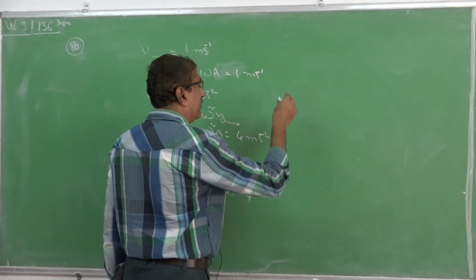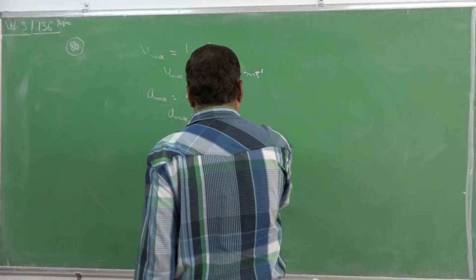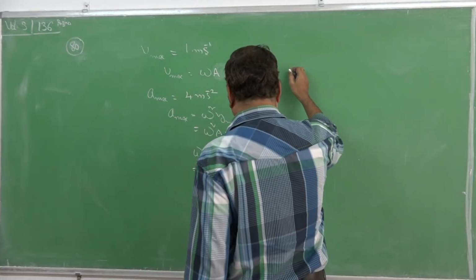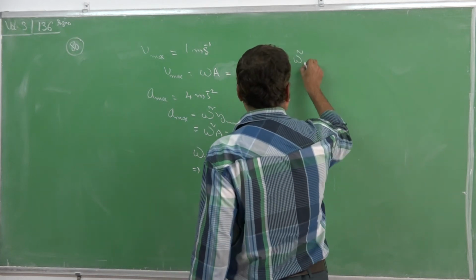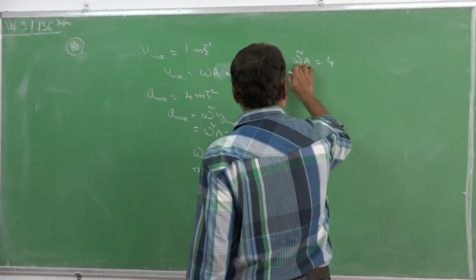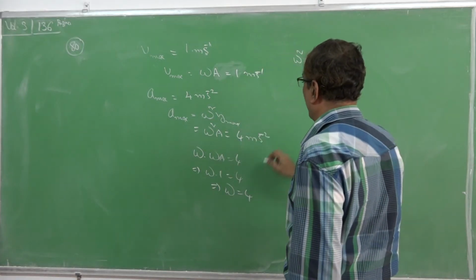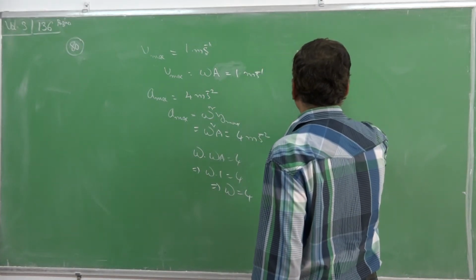Now when omega is 4, substituting in this equation, omega square a is 4, and omega we already got as 4. So 16 a is equal to 4.